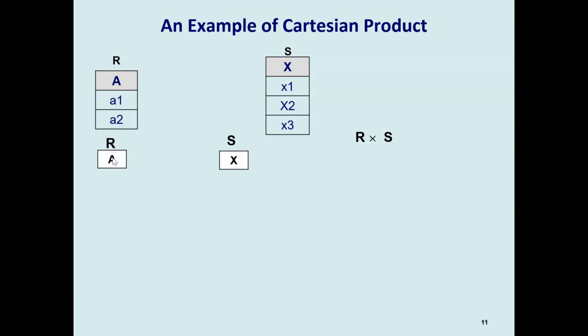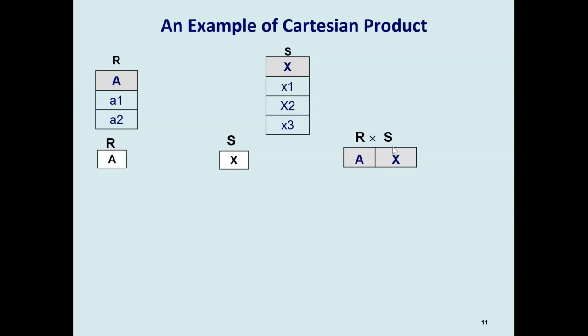So given R, A is the schema, the attributes from R, and X is the attributes from S. Then for the Cartesian product, we write R cross product S, okay? That's the symbol for the Cartesian product. The Cartesian product result will be a relation, or a table, okay?